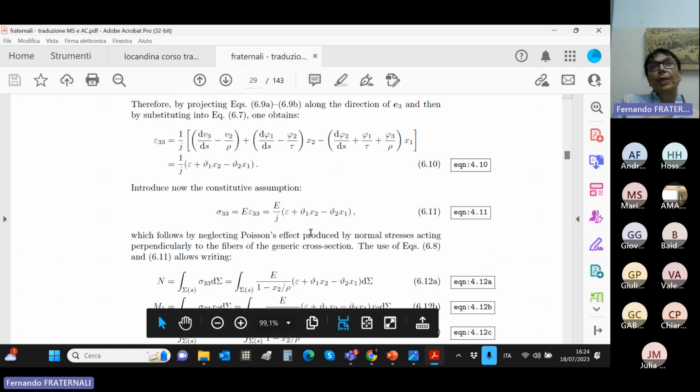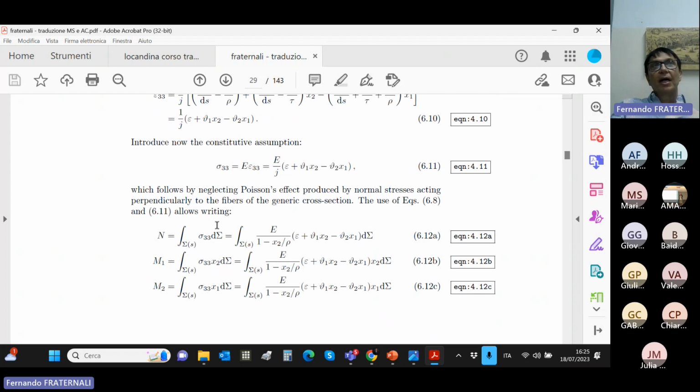Now we know that N, the axial force, and the bending moments are given by the integral of sigma 3, and the first moments, sigma 3 x2 and sigma 3 x1.